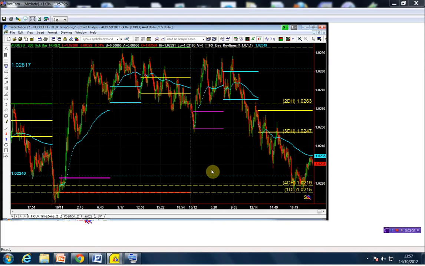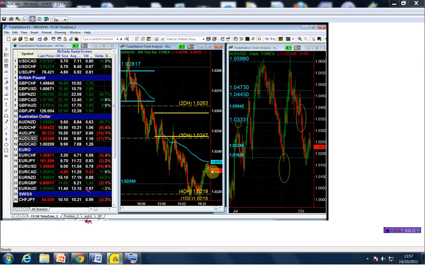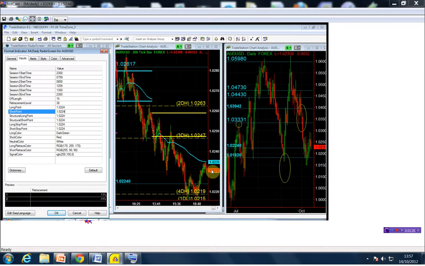So just to save myself a little bit of a headache, I'm going to go technically short below the 102.15. But again, for the Aussie dollar, we are going to go short below the 102.24, which is our structure point. It is our short point and it is our stop.